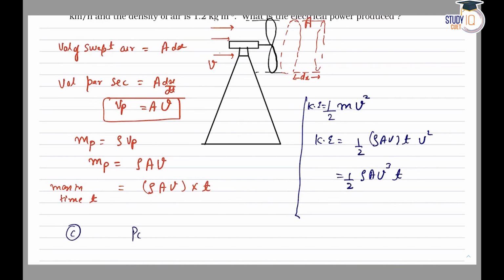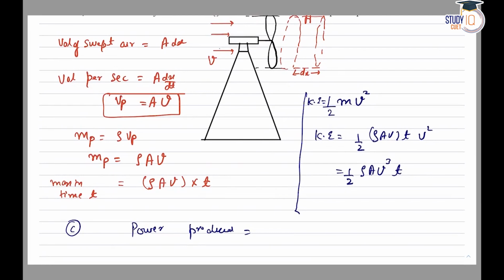So power produced can be written as total energy of the wind into 25%, as only 25% is converted into electrical energy. The total energy of the wind is given as half mass per unit time into v square. This is total energy, but only 25% of this is converted into useful electrical energy.